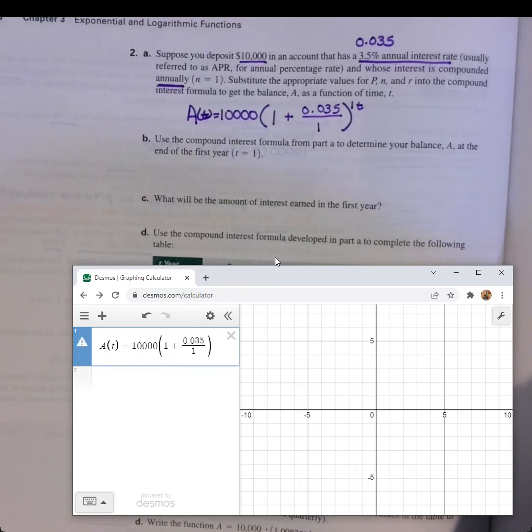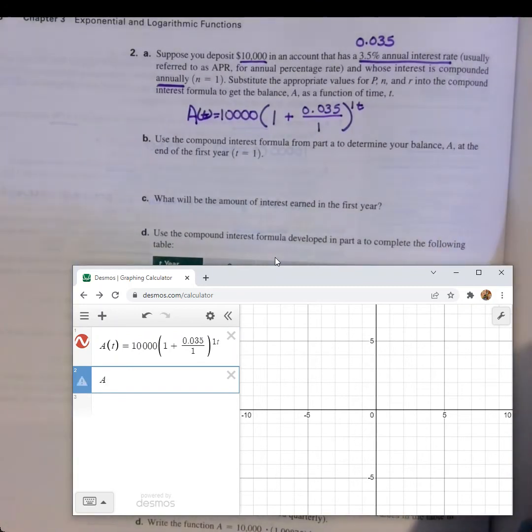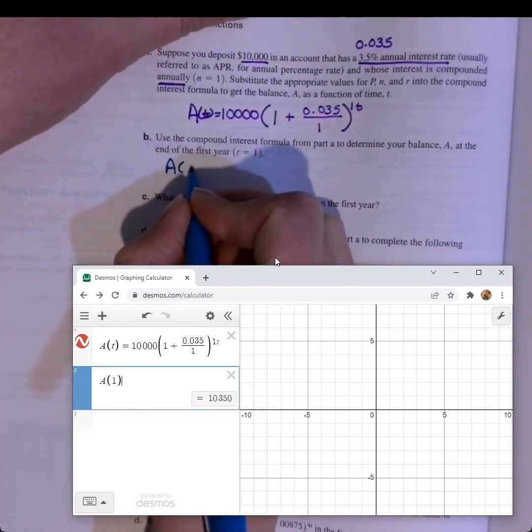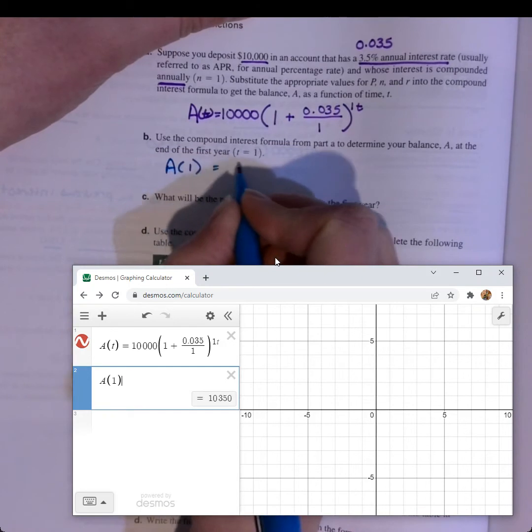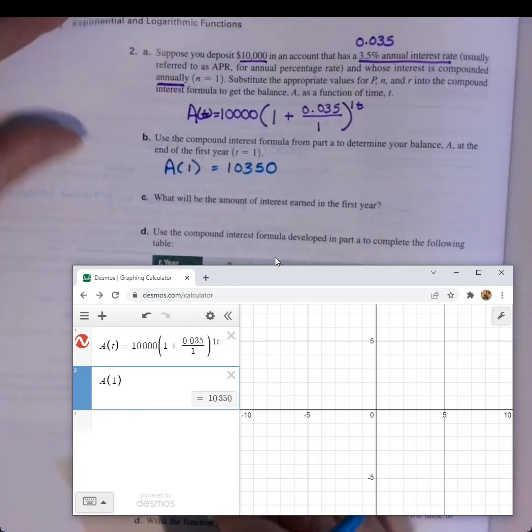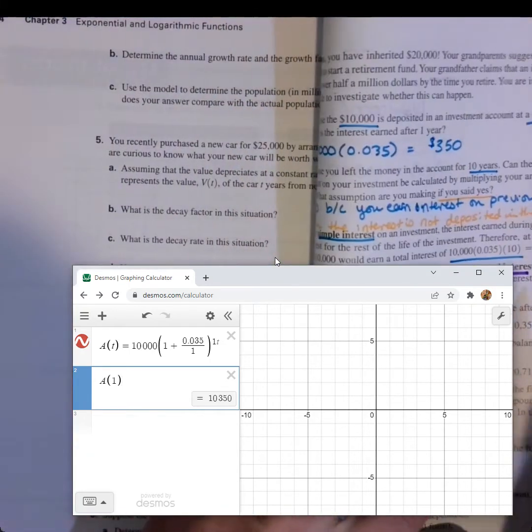To the 1t. So if I evaluate this at 1, A of 1 says that at the end of the first year, I have $10,350.